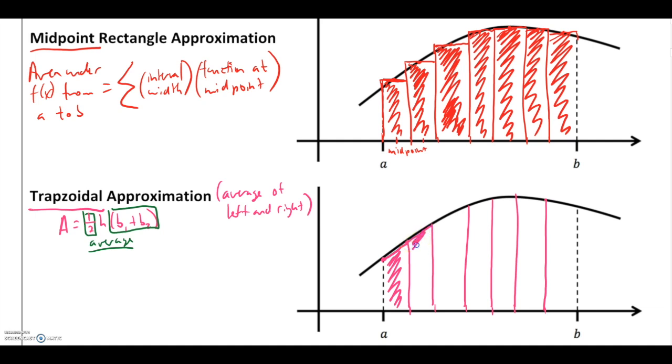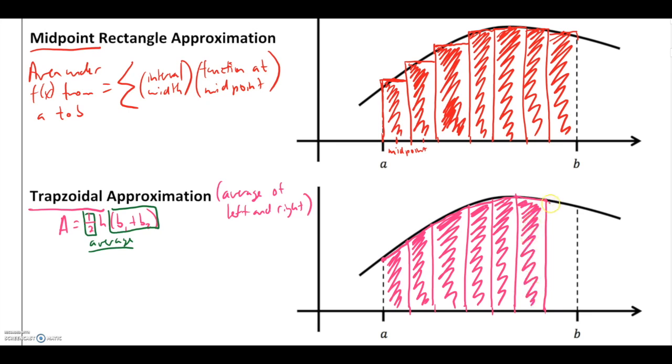And notice how even if they end up under the curve, the trapezoids don't tend to leave very much open space. And especially for one like this, it looks like if I could get the areas for all these trapezoids, I would have a very accurate approximation for the area under the curve. And in fact, the trapezoidal approximation will always be the most accurate, the most realistic to whatever application we're doing.